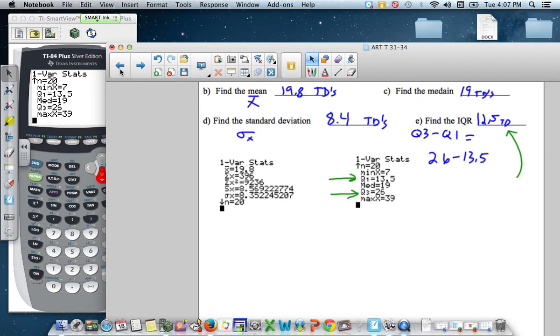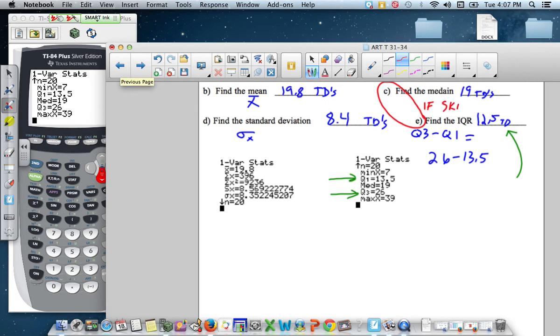If the data were skewed or there were outliers, then instead of using center and spread, we would use the median and IQR. So we do that if it's skewed or there are outliers. But as it stands, we're going to use these two.